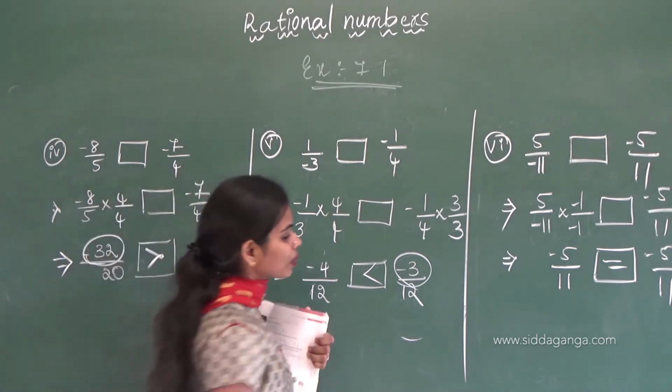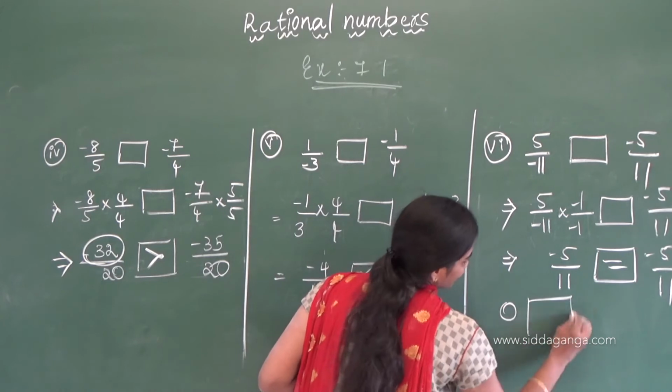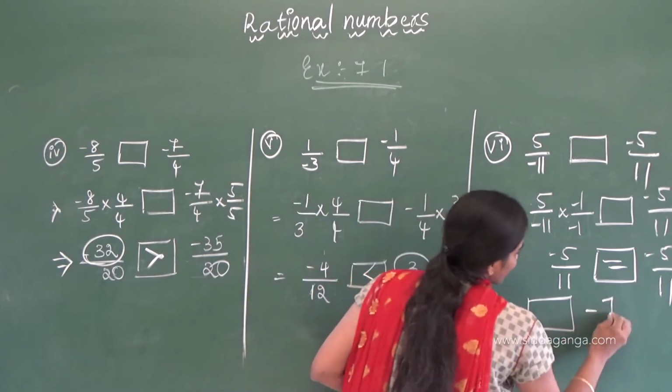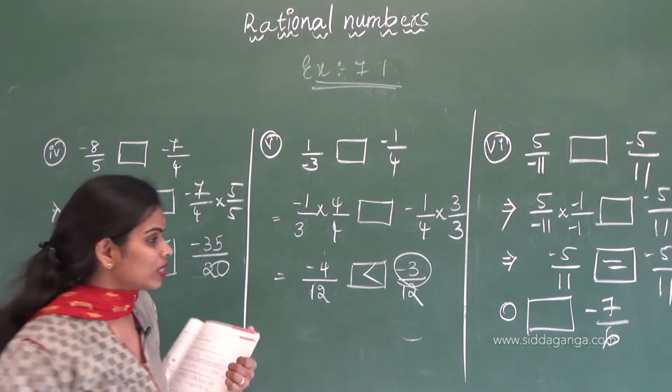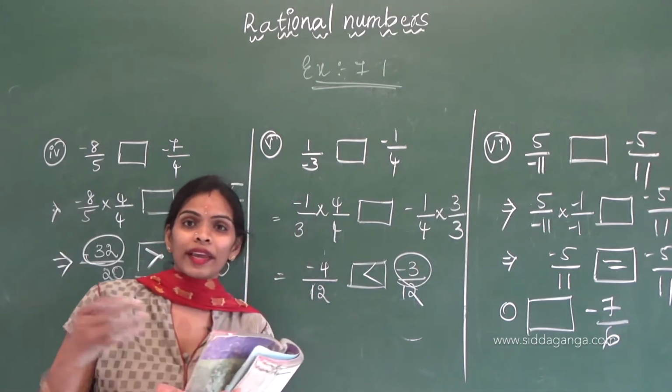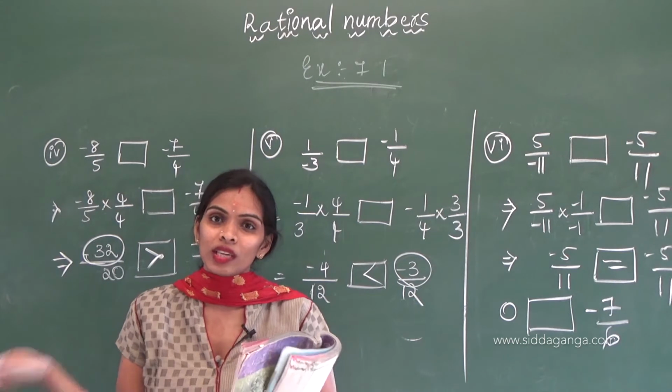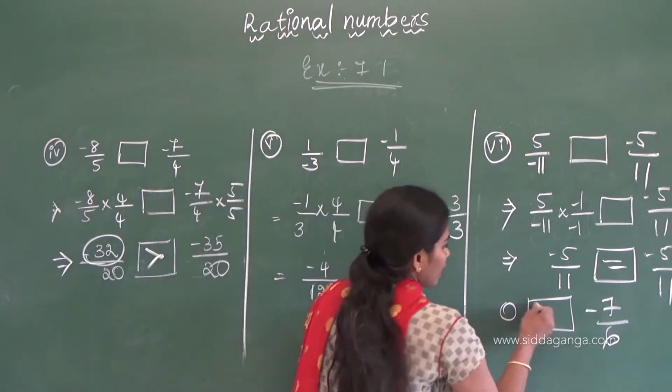Next question. 0 and minus 7 by 6. Obviously, all negative numbers are less than 0, so 0 will be the greater one.